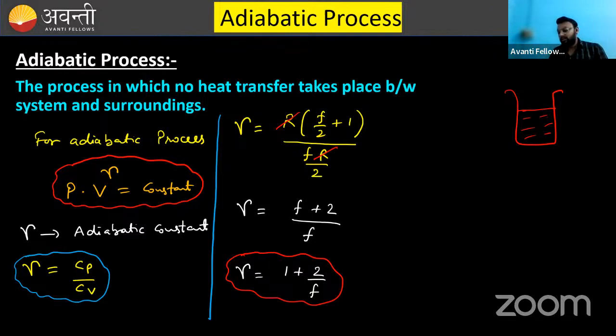In the question, the value of gamma is not given, so you need to find it out. You need to remember this value. And how can you remember this value?